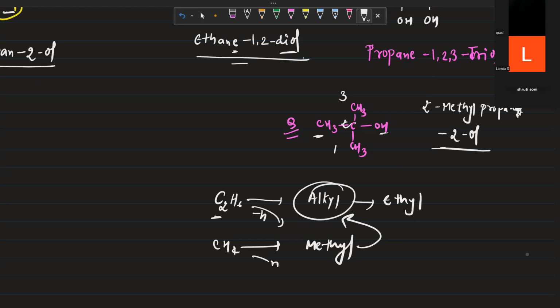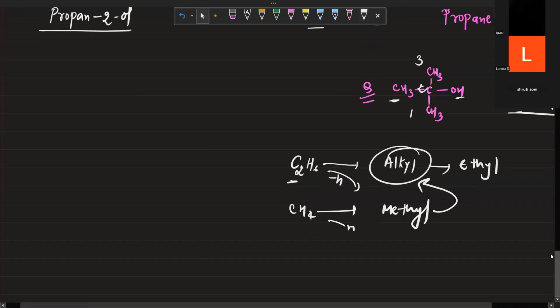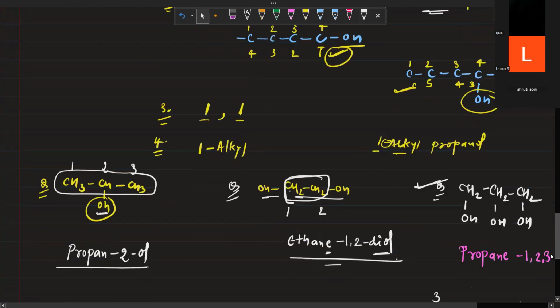Okay, so this is the IUPAC name of alcohol. Now, today I will give you some questions from IUPAC and classification. Then there is one more thing, that is structure. Structure we also discussed. Then we start with methods of preparation.